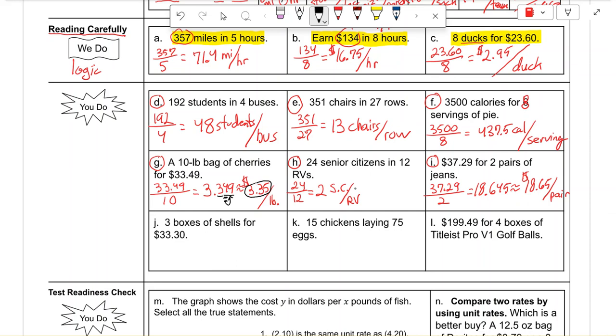The next one, boy, if you read this one wrong, you can really get yourself in a situation. It says 24 senior citizens in 12 RVs. So 24 divided by 12 is 2 senior citizens in 1 RV. Let's say you made a mistake and you didn't read carefully and you decided to put the 12 on top divided by the 24, and that is actually going to be 5/10 over 1 simplified, and that means a half a senior citizen.